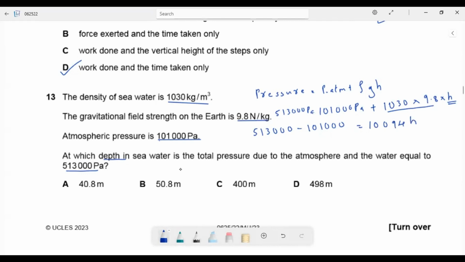So while subtracting, you'll be getting the answer as 413,000. That is equal to 10,094 h. So height can be written as 413,000 divided by 10,094. While dividing, you'll be getting the answer as 40.8 meter. So the right answer is A.